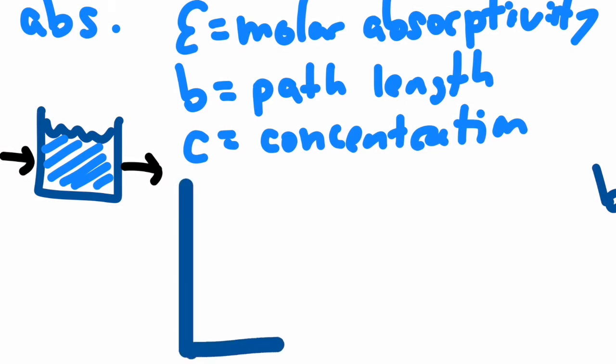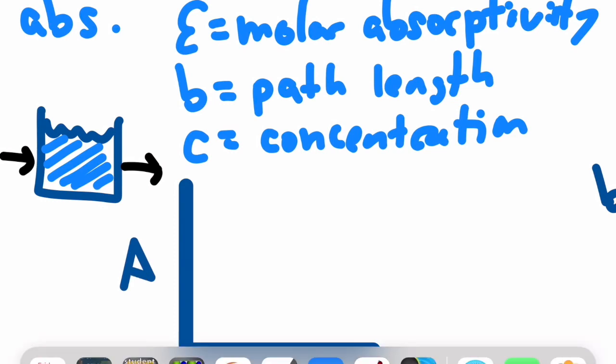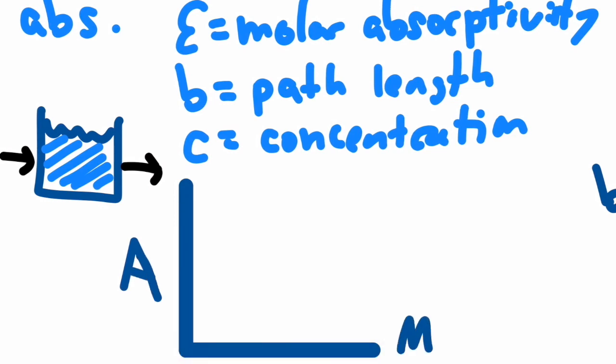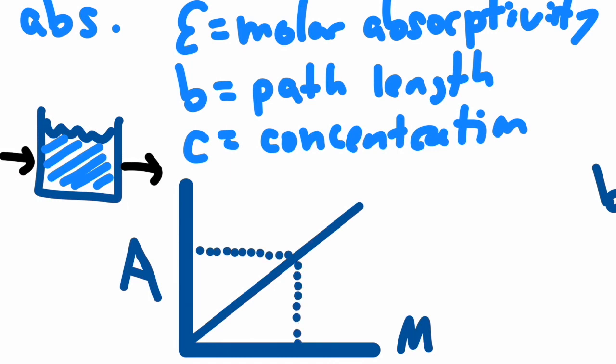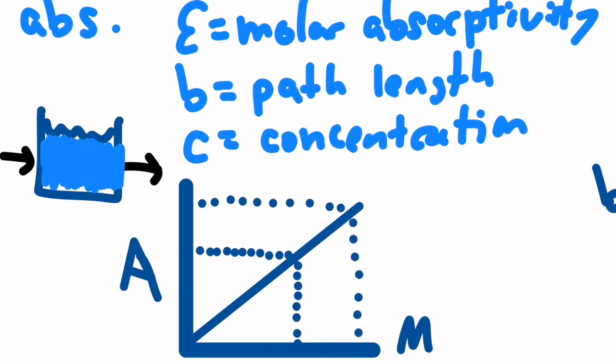You can plot absorbance versus molarity, and you can see a nice linear relationship, so that at different absorbances you have quantifiable molarity. And the darker the solution, if I just imagined making this more concentrated, you would have an even higher absorption of light. So we can measure an absorbance and turn it into molarity. It's one of the main ways we measure molarity in the laboratory.